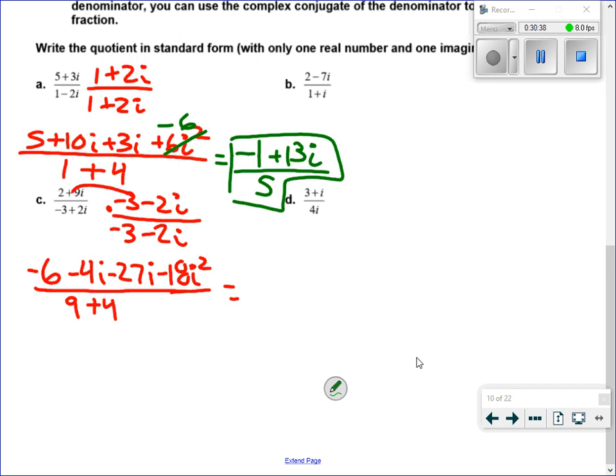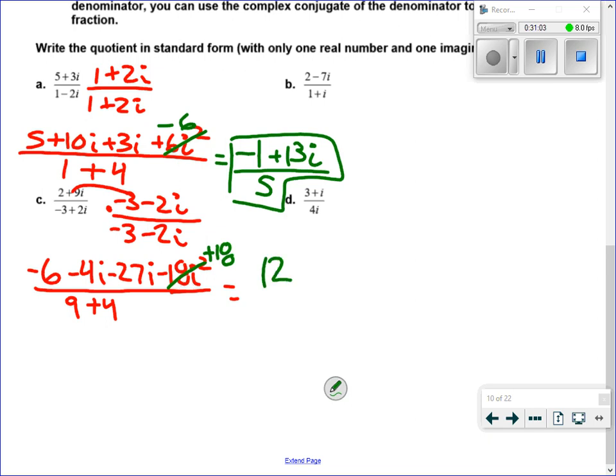So this i squared becomes negative 1. So this is a minus 18 times negative 1, which would become a plus 18. So adding those real values first in the numerator, negative 6 plus 18 would give us 12. Good.